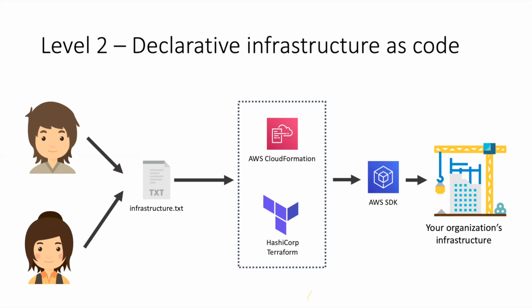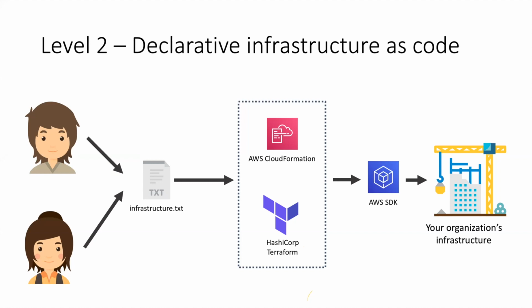So this leads to the next level of infrastructure as code. It's called declarative infrastructure as code. In declarative infrastructure as code, there's a layer that sits between the AWS API and your intention about what you want to build. And this layer is a tool. For example, it could be AWS CloudFormation or HashiCorp Terraform.